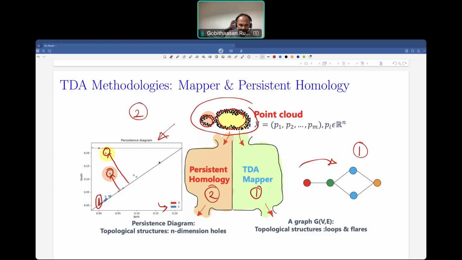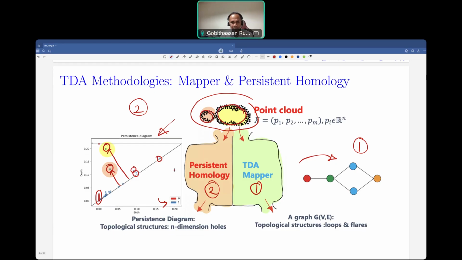So the ones closer to the diagonal line, these points, are actually small holes that exist in your data set. It's a one-dimensional hole, yeah, a small one-dimensional hole. Anyway, that is a small short story, but we will look at it in detail in the slides to come.